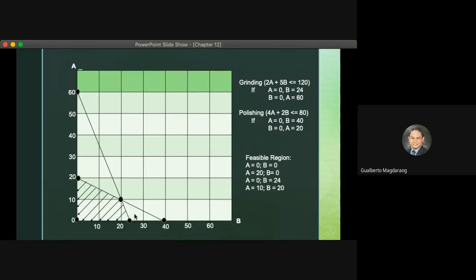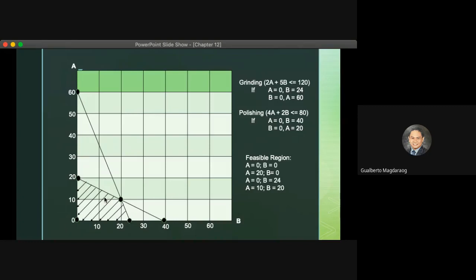So in this case, pwede sa grinding, hindi pwede sa polishing, yet pwede sa polishing, hindi pwede sa grinding. Itong side na ito, hindi pwede sa polishing, pero pwede sa grinding. Okay? So hindi yan feasible, hindi rin to feasible. The only feasible region is within this limit.